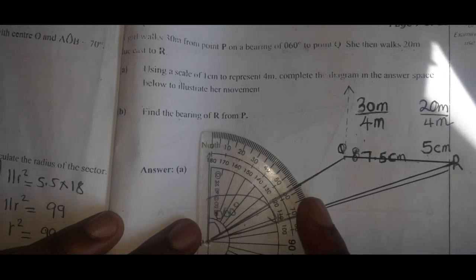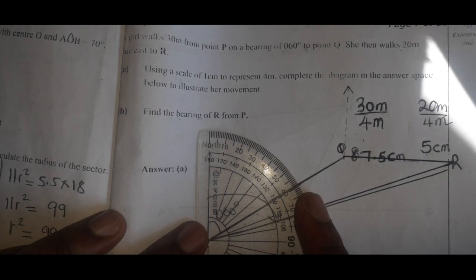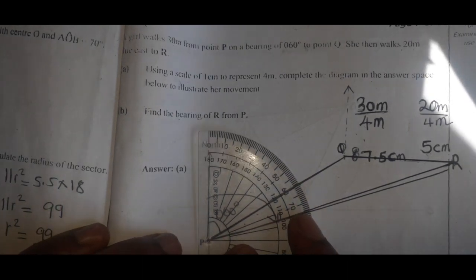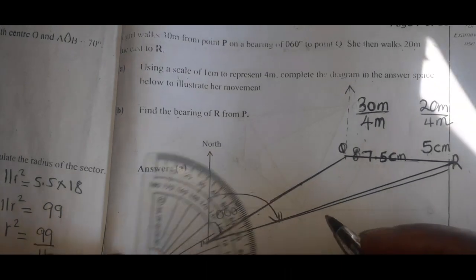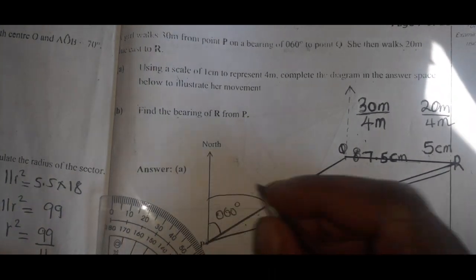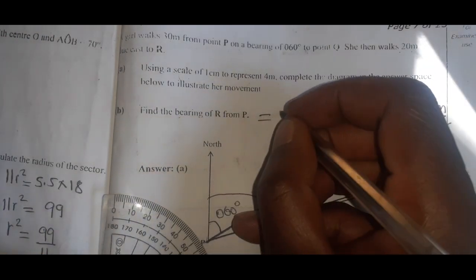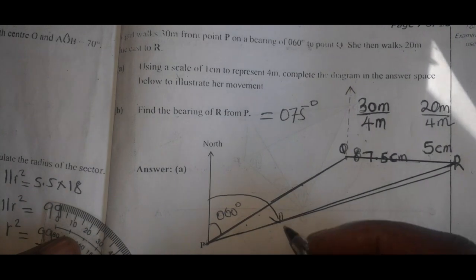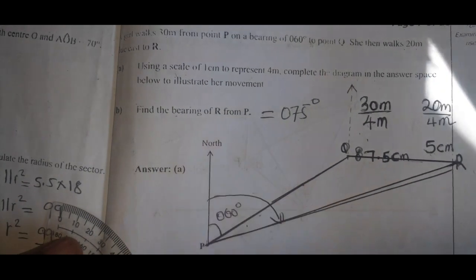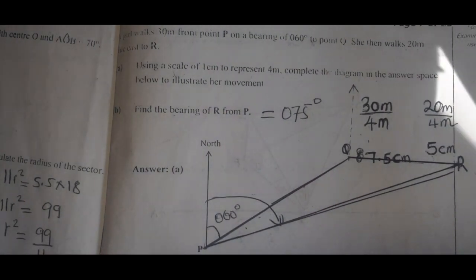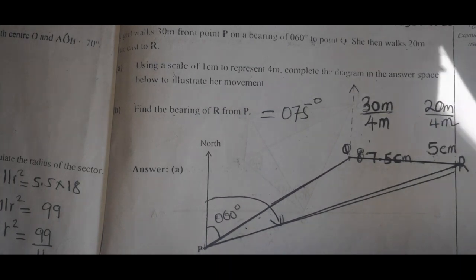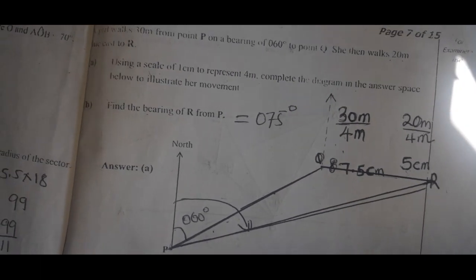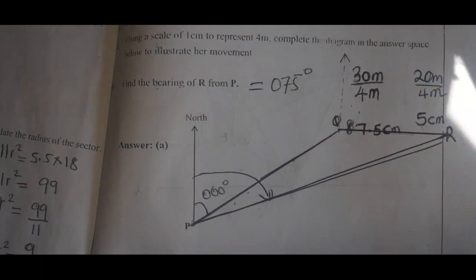We've seen where our 60 is, this is 70, so this will be 75. The whole angle here is going to be 75. That's what we're going to get. So we can move on to the next question.